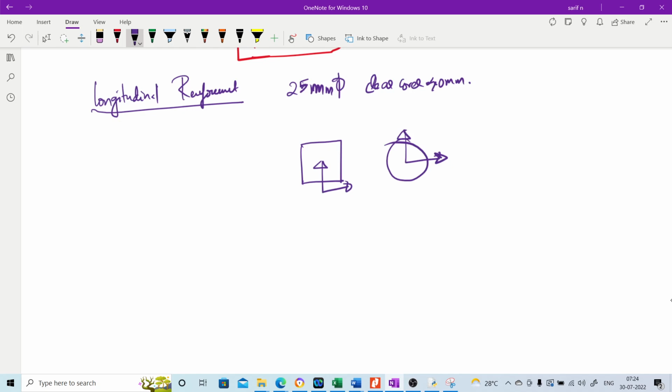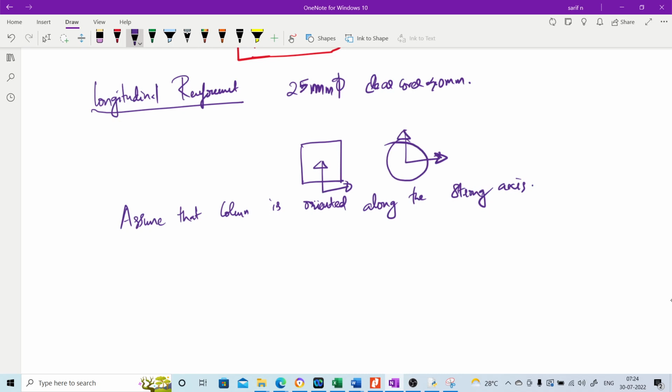When it is a rectangular column, we will make an assumption that the column is oriented along the strong axis.